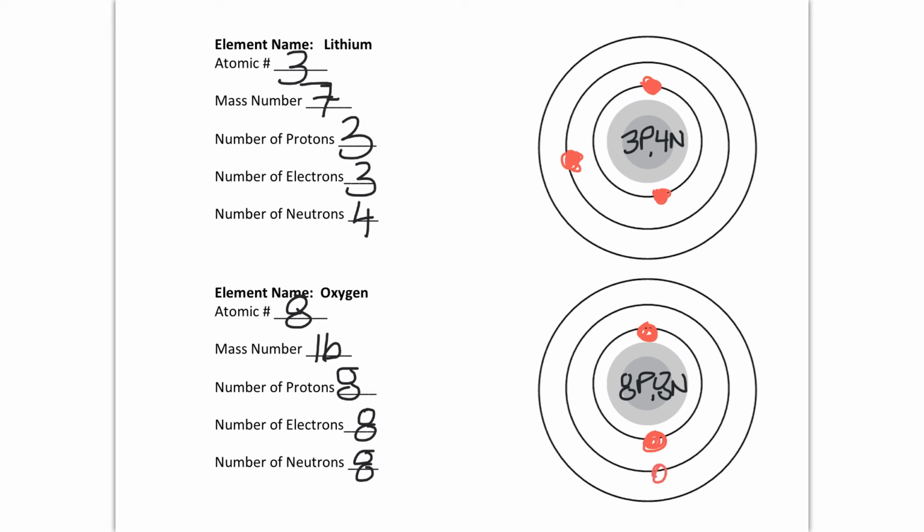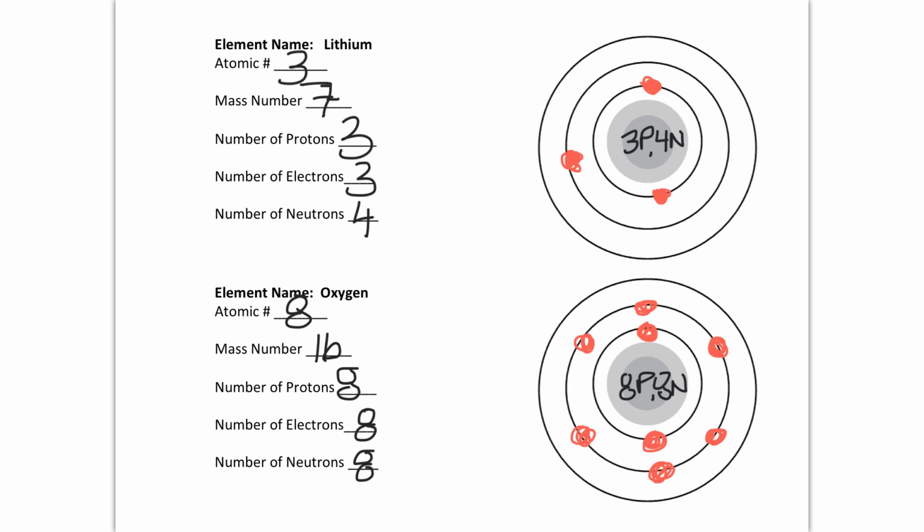So we do 1, 2, 3, 4, 5, 6. Now count them. Do we have 8 electrons? Let's count them. 1, 2, 3, 4, 5, 6, 7, 8. Checks out.